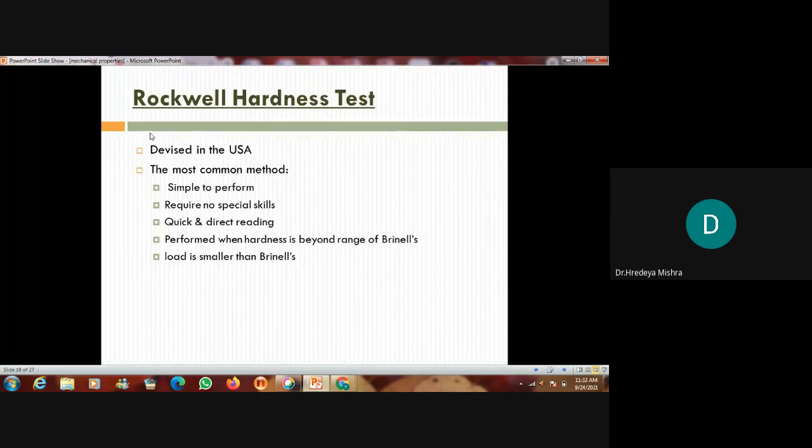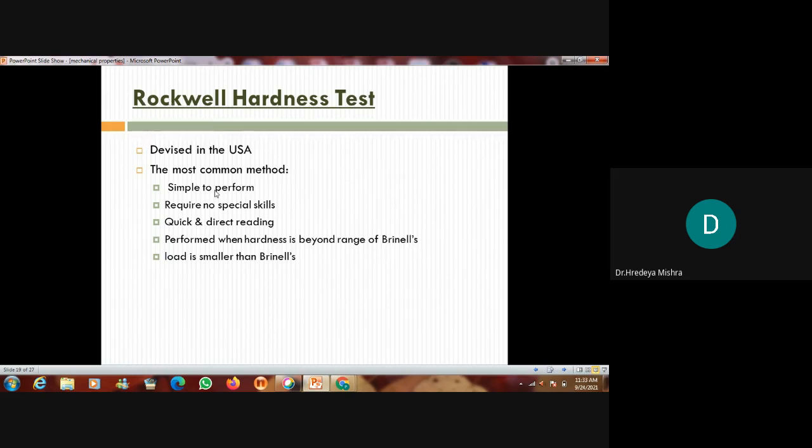Now, the Rockwell test. The test was derived in the USA. It is the most common method, simple to perform, requires no special skill, and gives a quick and direct reading. It is performed when the hardness is beyond the range of the Brinell test.